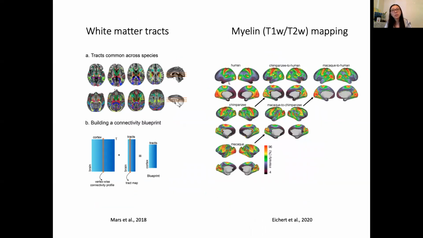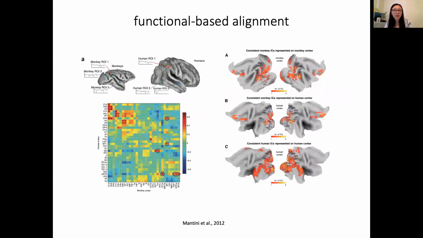The more recent efforts from Rogier Mars' group made use of white matter tracks and myelination to align non-human primates to humans. One recent effort started to use functional data, while human and macaque are both watching the same movie, to align them together by comparing the neural activity during movie watching.